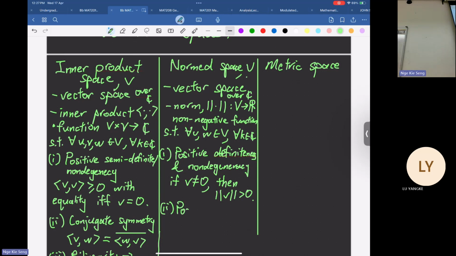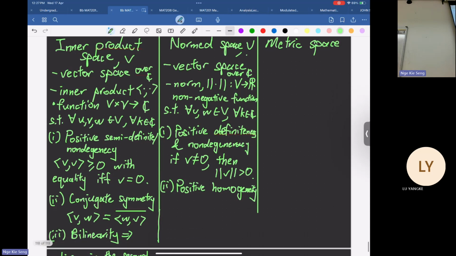Second is what we call the positive homogeneity. This says that the length of a scalar multiple of your vector should be the norm of your scalar multiplied by the norm of your vector.